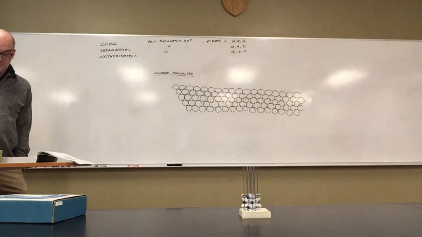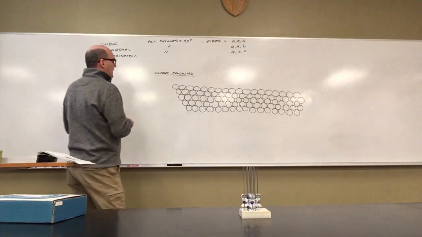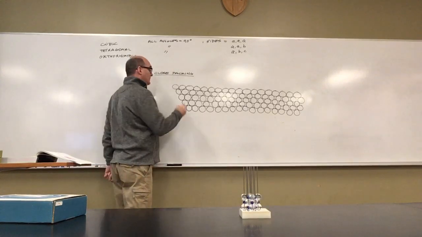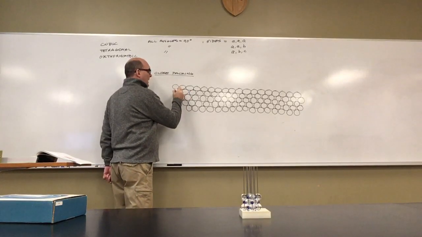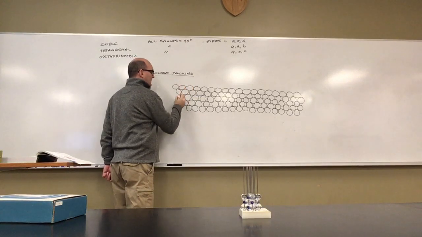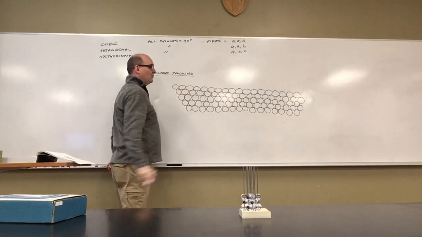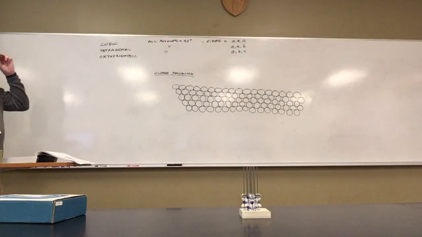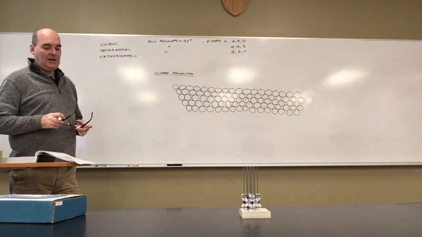Okay, this is close packed, and if we find an atom, an ion, we find that it is surrounded by 6 others in a hexagon.